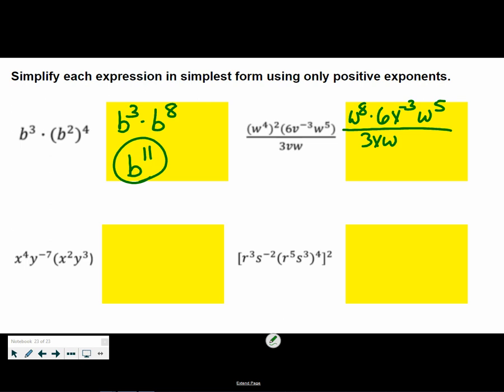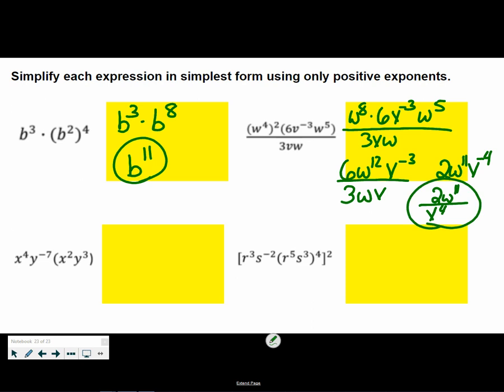Then I combine the w, so I get 6 w to the 12th, b to the negative 3rd, over 3. Use my quotient rule, 6 divided by 3 is 2, 12 minus 1 is 11, and b to the negative 4th. And then I rewrite it, 2w to the 11th, over b to the positive 4th.